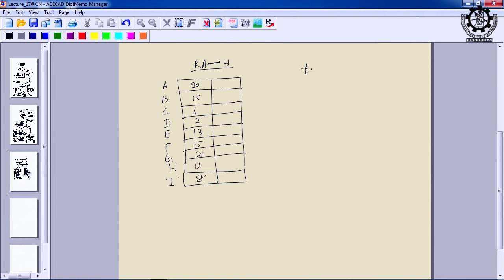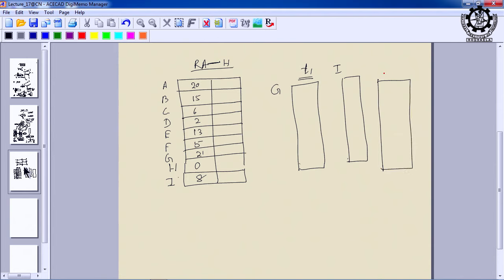And at time t1, H will receive the tables from which other nodes? One will be G, then I, then E, then D, right, and they have their own routing tables.